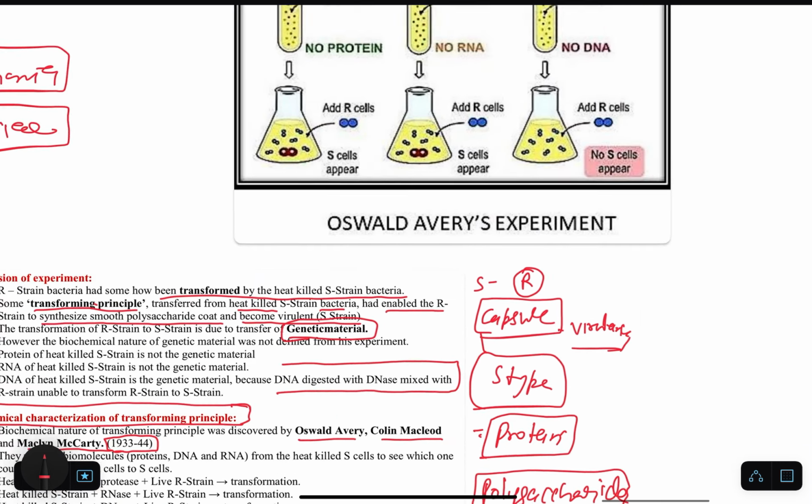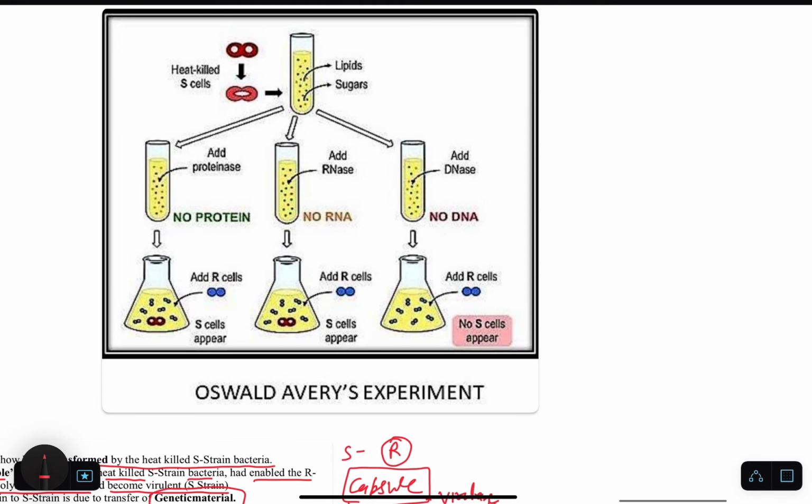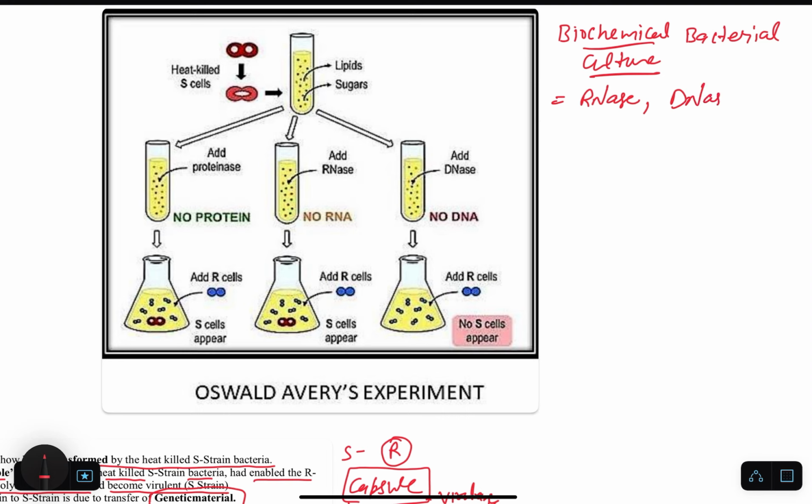What they did, let us discuss one by one. They centrifuged the biochemicals from the bacterial culture, and then they used three enzymes named RNase, DNase, and proteinase, which degrades protein.